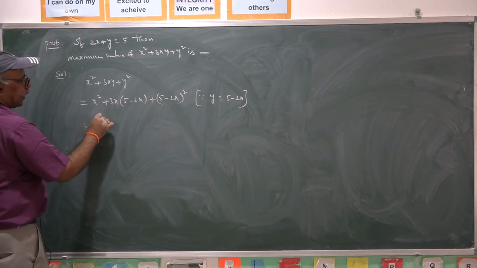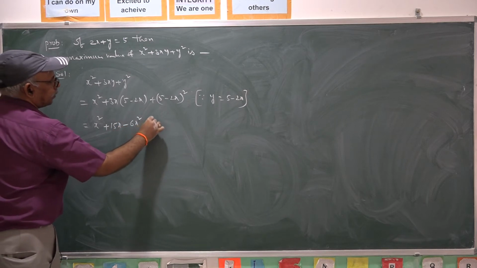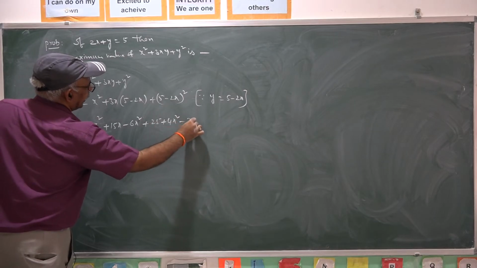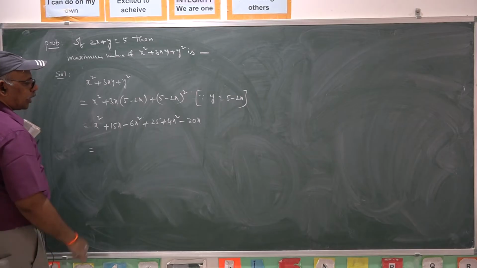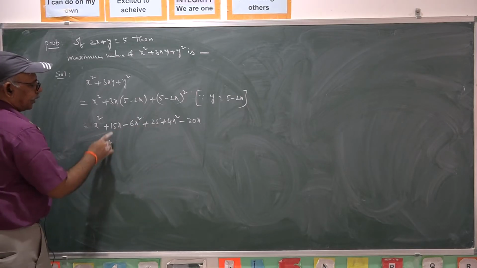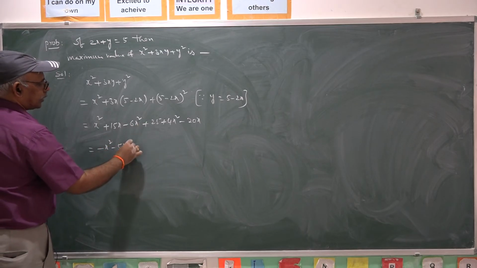That is x square plus 15x minus 6x square plus 25 plus 4x square minus 20x, which is a quadratic here. So, minus x square, collecting x terms we get minus 5x, the constant terms are 25.